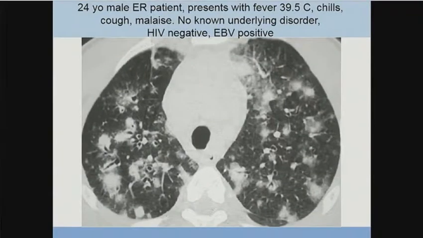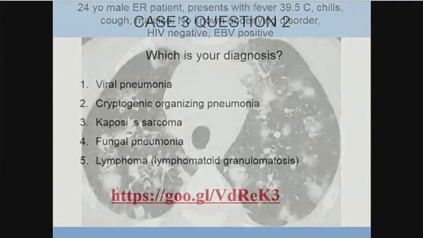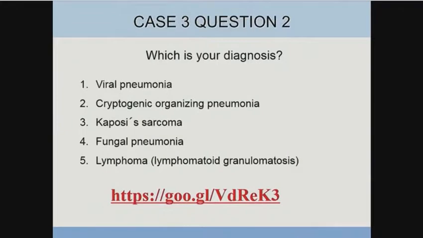Again, in this case, the next question is, what is your diagnosis? Is this a viral pneumonia? Is it cryptogenic organizing pneumonia? Is it Kaposi's? Is it fungal pneumonia? Or is it lymphoma/lymphomatoid granulomatosis?